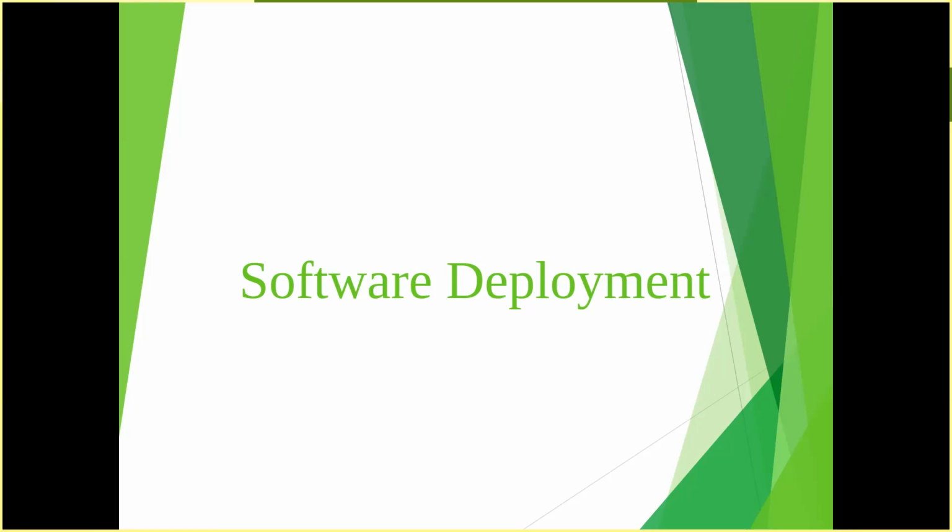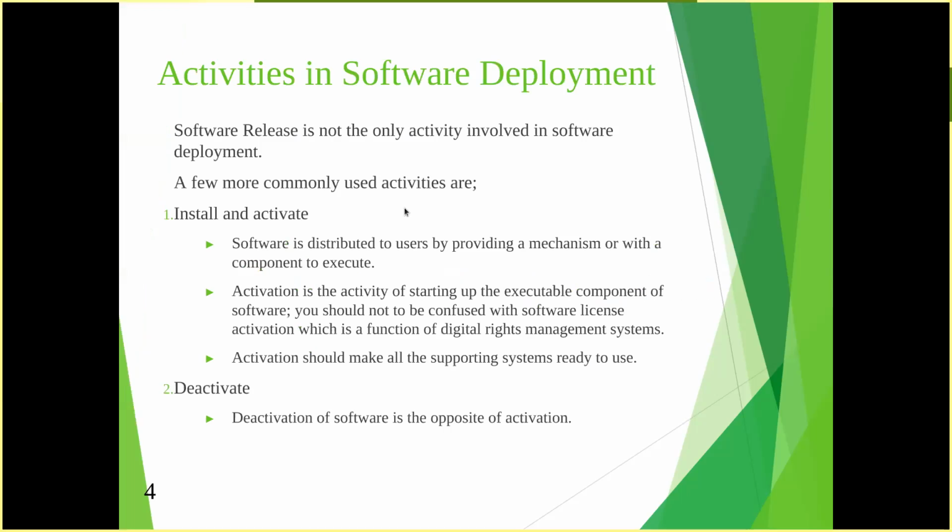Most of the time, companies release them freely to test the software, then update it and then release it to the customers. Activities in software deployment: release is not the only activity involved. A few commonly used activities are install and activate.